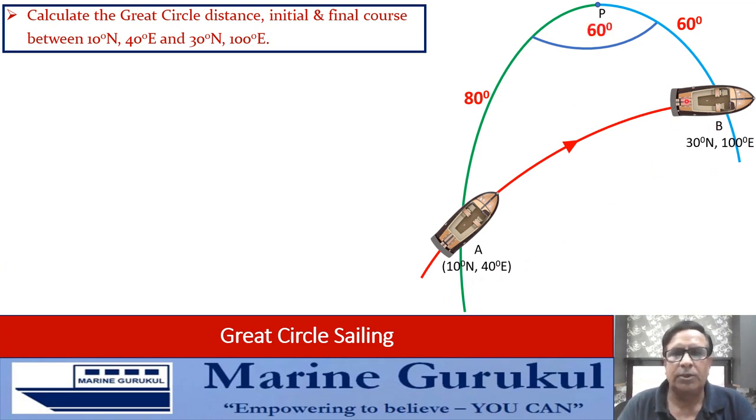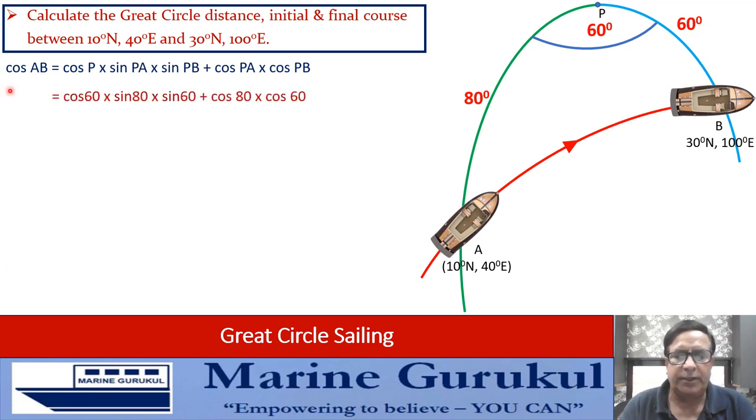So now we have loaded all the known information onto this diagram, and now we are ready to use our cosine formula. We write the cosine formula for side AB, which is the GC distance from A to B. We know angle P, we know side PA, we know side PB.